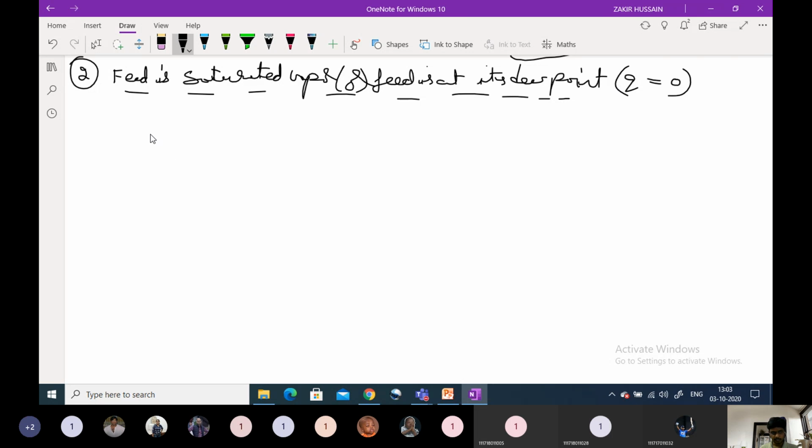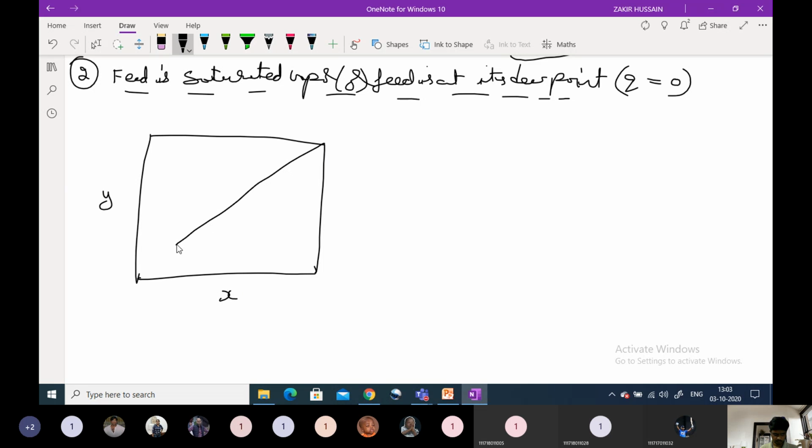So on the equilibrium diagram, everything is the same, x and y. This is the diagonal and this is the equilibrium curve.